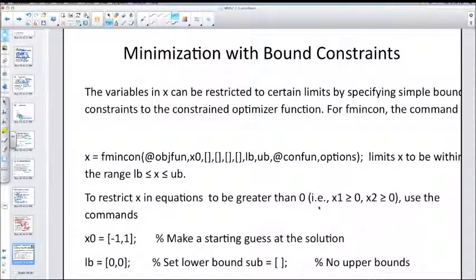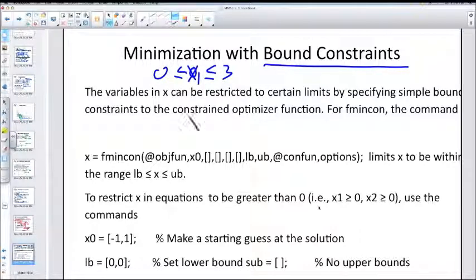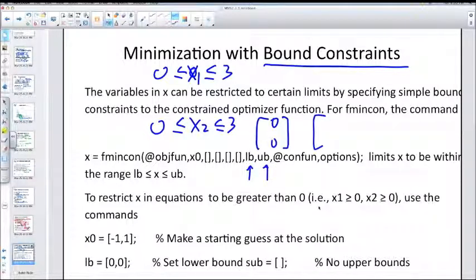Now let's look at another parameter with the boundary constraint. You remember the first example? Bigger than 0, less than 3 for the x1. Oh, that's the second example, x2. So in here, you got another 2 vectors. The lower boundary is 0, 0. The upper boundary is 3, 3. That's your option.